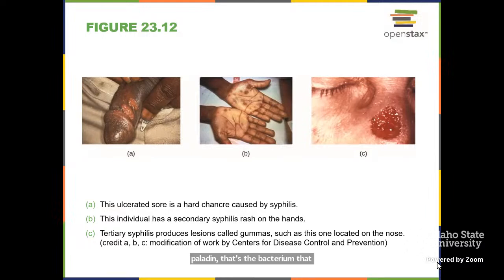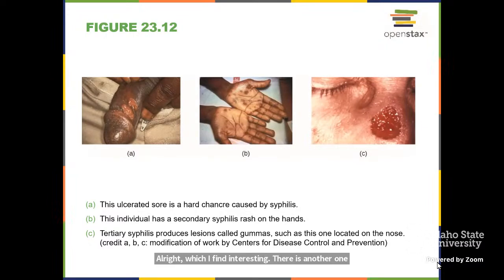And with these, although this ulcer looks as if it should, you would imagine, be painful, apparently painless, right? Which I find interesting. There is another one that causes ulcers that are the opposite.